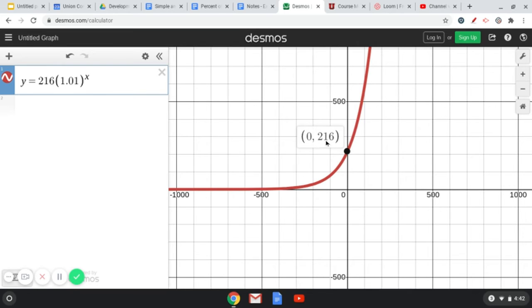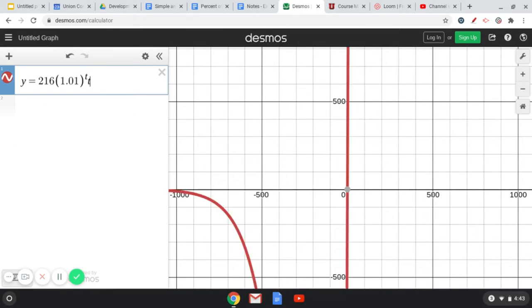That's good. So this y value is the number of people in thousands, and this x value is the number of years. In class I wrote x instead of t because Desmos doesn't like it when you write t. They think you're creating a slider. Oh, never mind. Scratch that. I can use t.